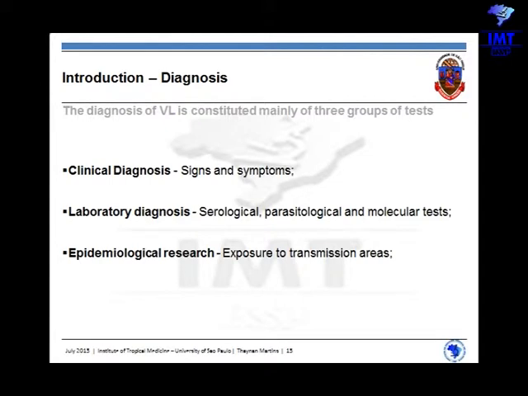The clinical diagnosis is about the signs and symptoms of the disease. Laboratory diagnosis could be serological, parasitological, and molecular tests, and epidemiological research, because we are looking for the areas of transmission.